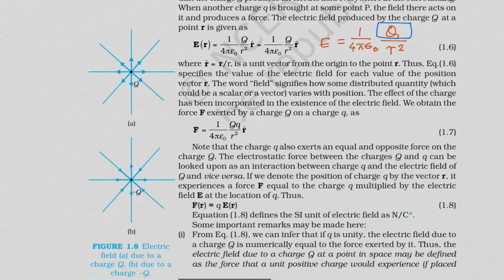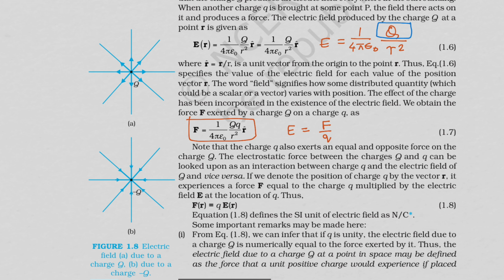And if we analyze the formula for force, that is F is equal to 1 upon 4 pi epsilon naught, capital Q multiplied by small q and divided by R square, from here we can see that electric field is actually force upon the test charge, or the charge brought in that region.